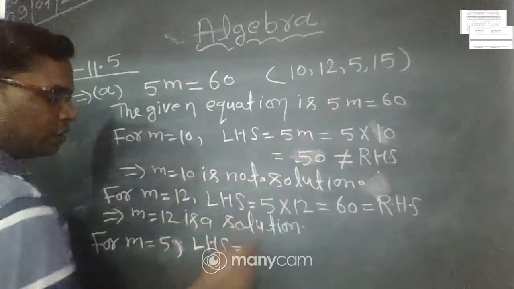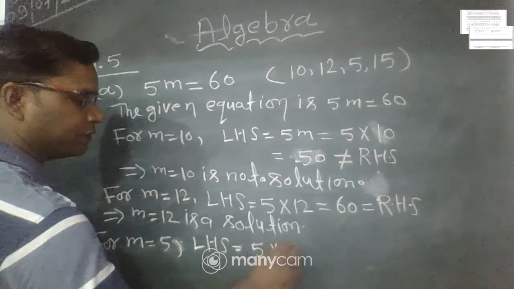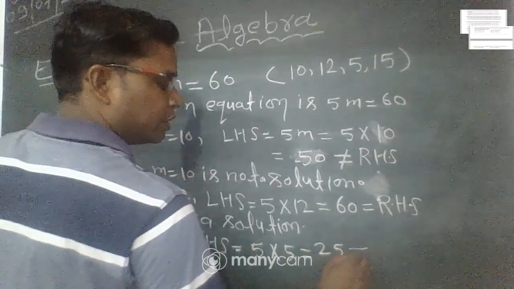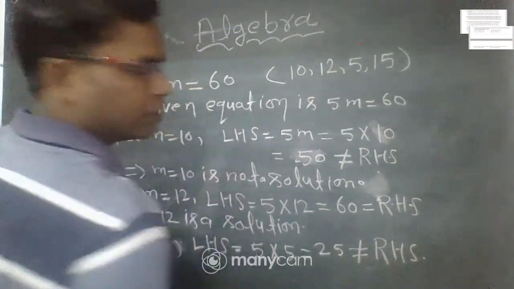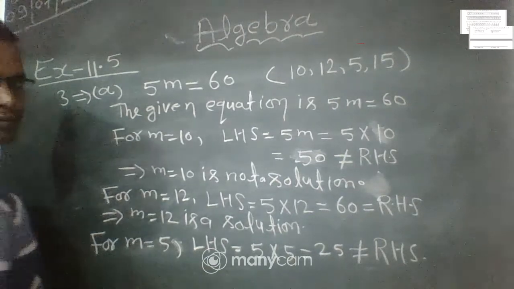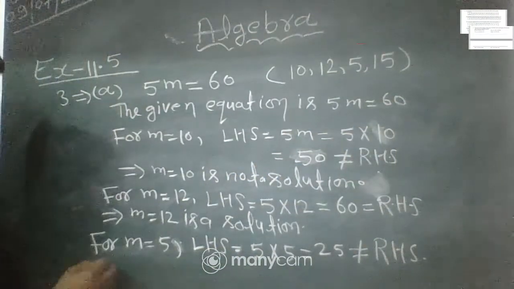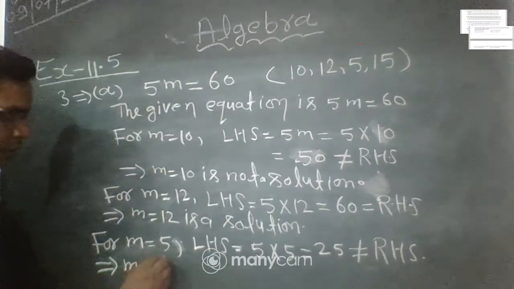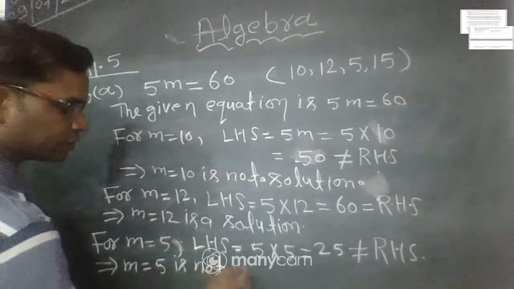The value of m is 5 here, so 5 into 5 is equal to 25, and this is not equal to the right hand side, because the right hand side is 60. So this implies that m is equal to 5 is not a solution.